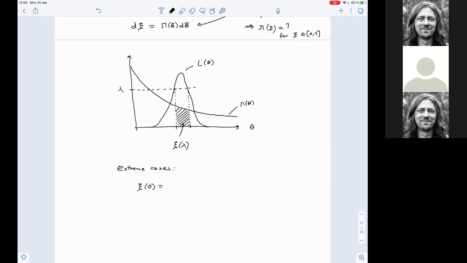Exactly, right. So that would be 1. And the prior mass contained within the region that has likelihood higher than the maximum likelihood, well, that's 0. So that's your corner cases or extreme cases. And we'll take 15 minutes there and then continue after the break.